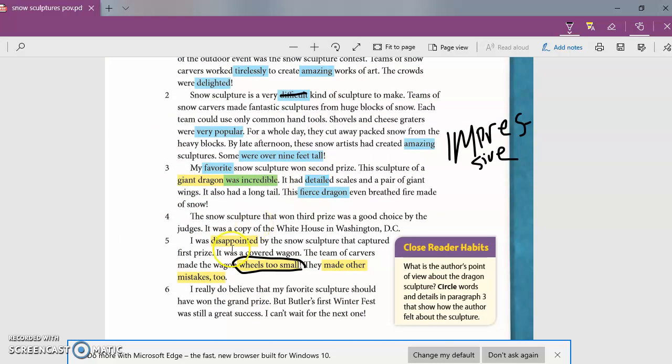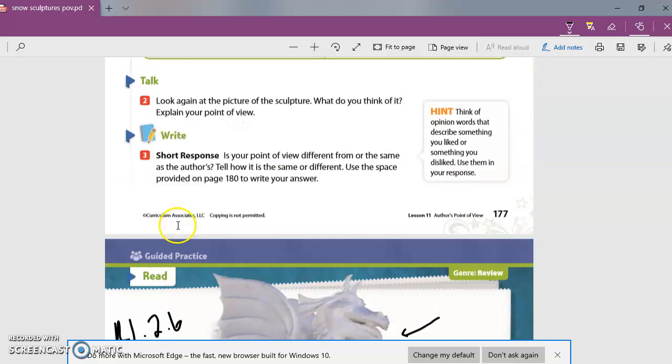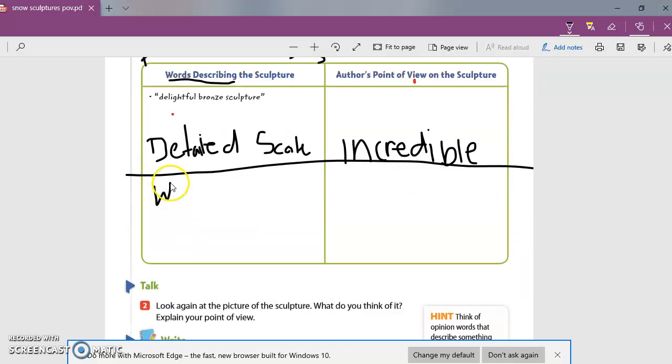Now let's take a look at something else the author had his point of view on, and he was disappointed by the snow sculpture that won first prize and the wagon wheels. It was a covered wagon. The wheels were too small. So let's put the words describing the sculpture. Wheels too small.